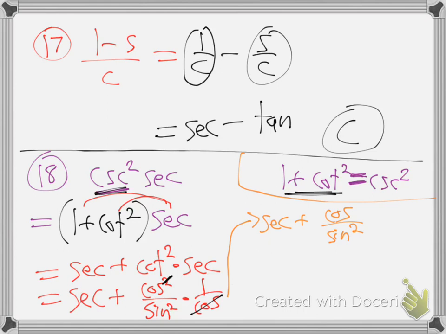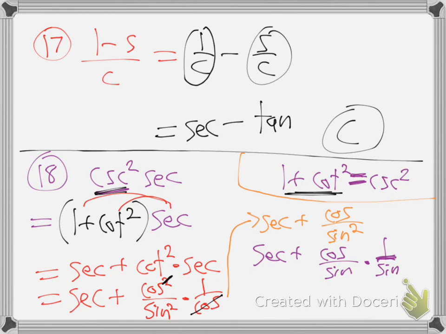And then I can separate that. This is going to be secant plus cosine over sine times 1 over sine. See how I separated those, the two sines on the bottom?